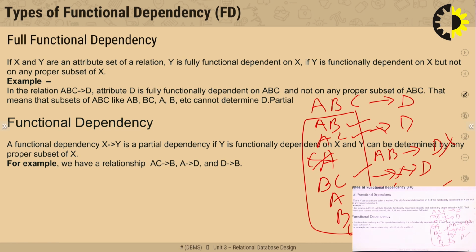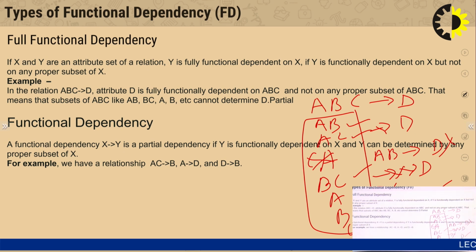So D is fully functionally dependent on ABC. In the relation, ABC determine the attribute D, and no proper subset of ABC, like AB, BC, A, B, etc., can determine D. Clear?